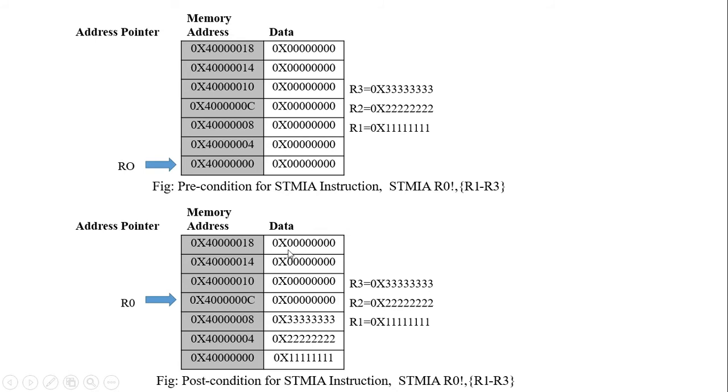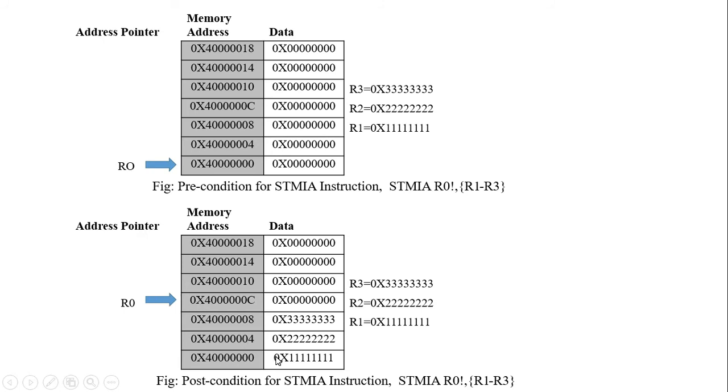So what we observed here, between before execution and after execution, you can observe the R0 pointer, that is the R0 base register memory location, is incremented after loading the data into the memory locations. Please concentrate: after the data is loaded onto the memory location, only then is the address pointer incremented.